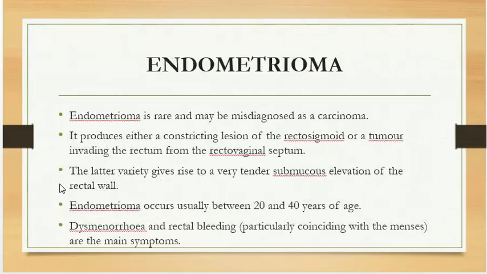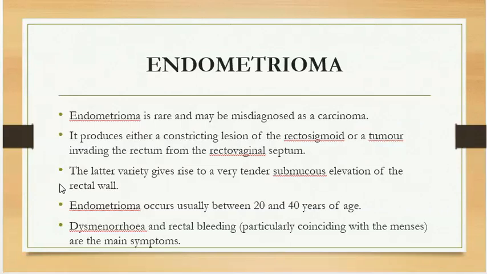Now, there are two more conditions we are going to talk about. The first is endometrioma, another benign tumor of the rectum. Endometrioma is rare and may be misdiagnosed as carcinoma. It's a part of endometriosis in the female.